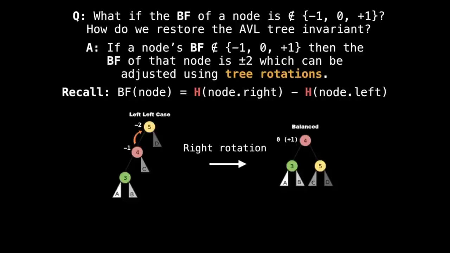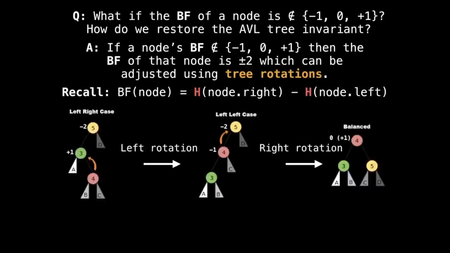The first such case is when the tree is what we call left heavy, and there are 2 left child nodes. This is an easy case to fix because all we need to do is perform a right rotation about the yellow node to balance. The next case is the left-right case, where you have a left child, but then that node has a right child.